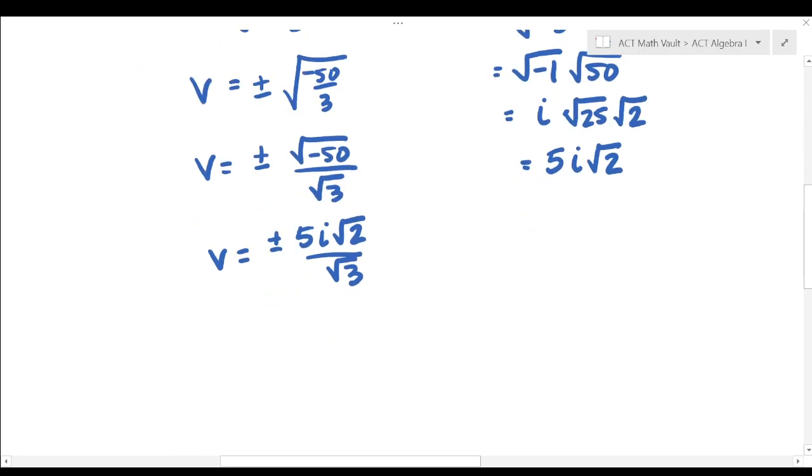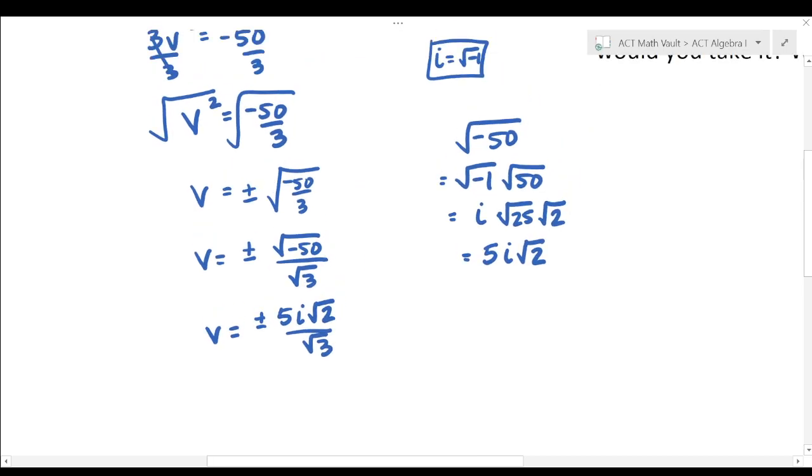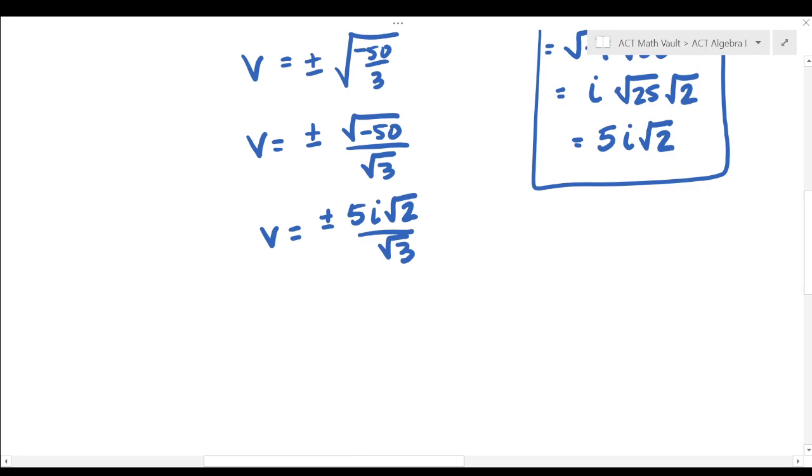And oh man, there's something that still needs to be worked out. There is a root in the denominator, which is illegal. Okay, so this is called rationalizing the denominator. I need to get rid of the root somehow. Smartest way to do that is to multiply by root 3 on top and bottom.